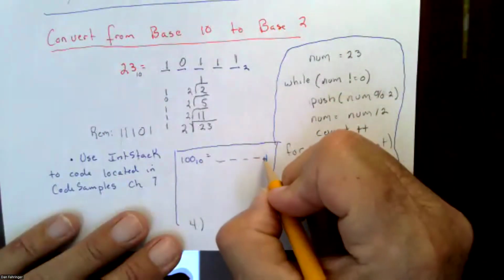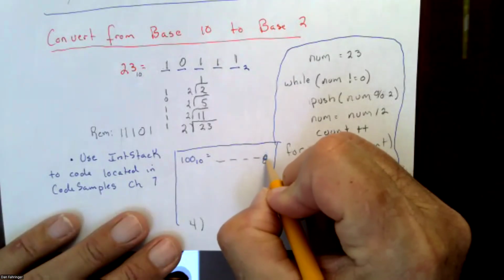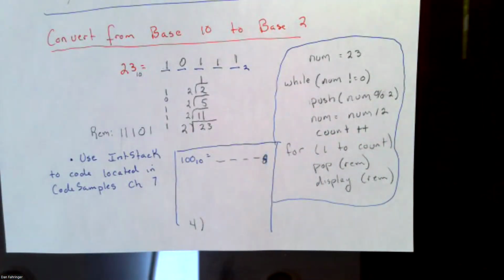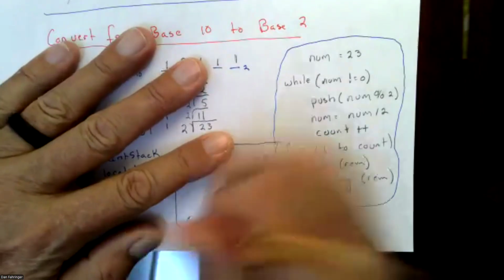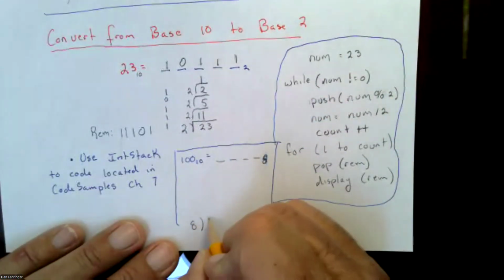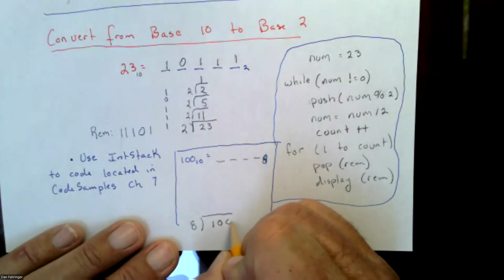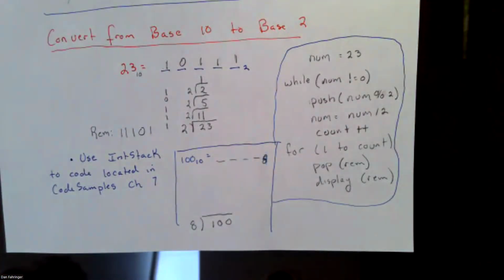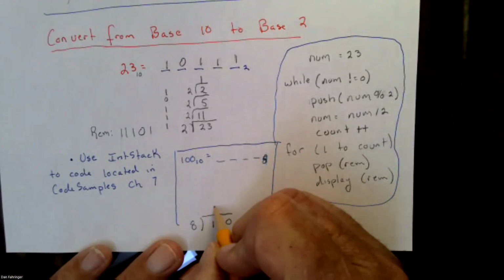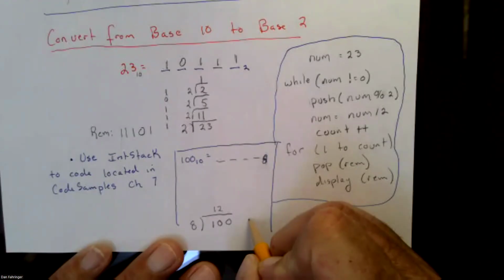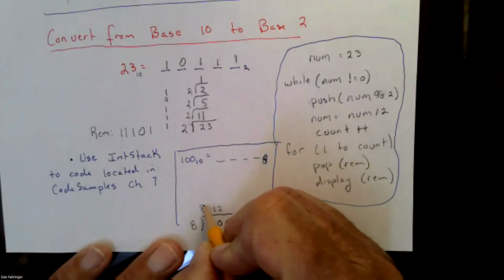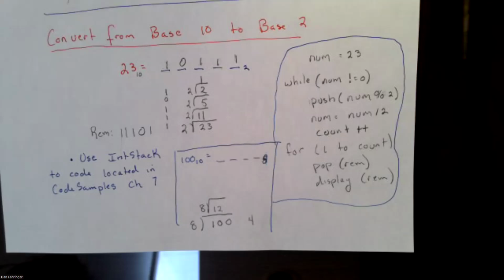Instead of base 4, let's make this base 8. 8 goes into 100 how many times? 12, with a remainder of 4.